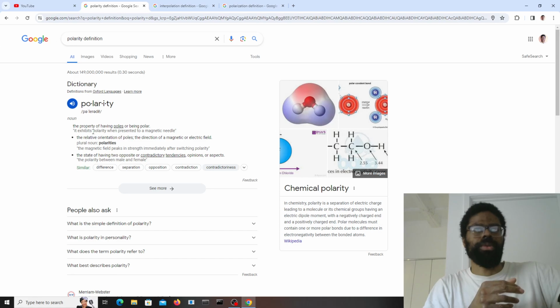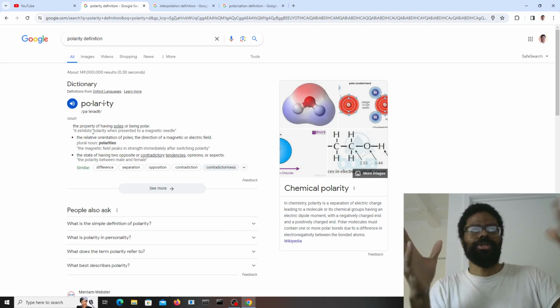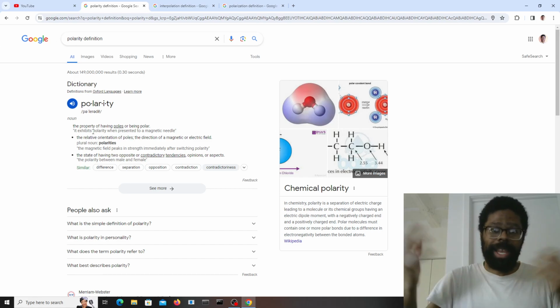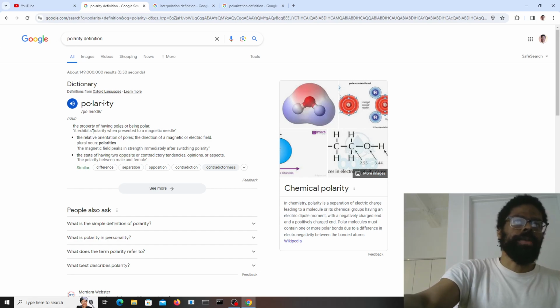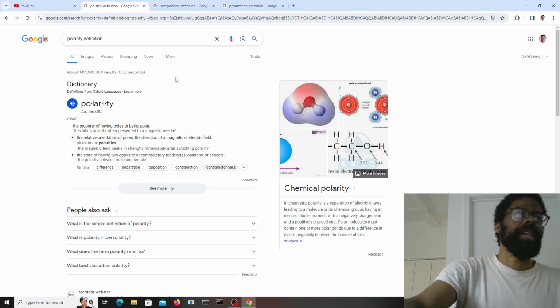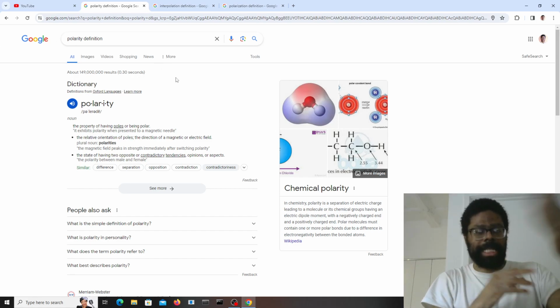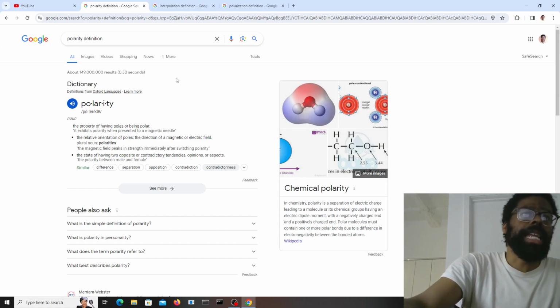It has to be the proton that has a positive charge, because the neutron is neutral, whatever. So anyway, the property of having opposites. The examples that I gave, that is polarity.